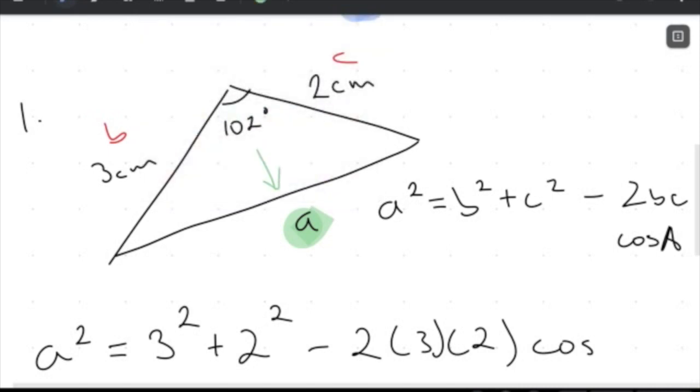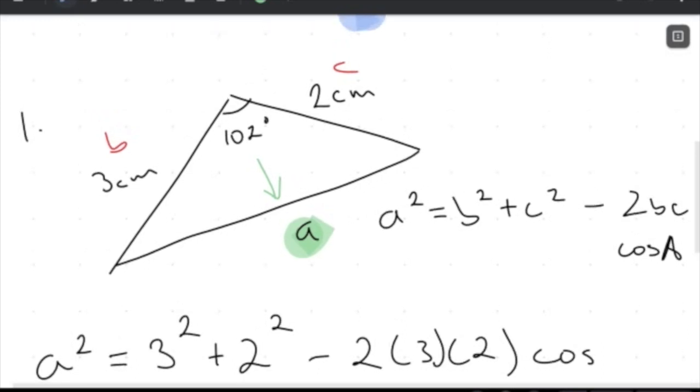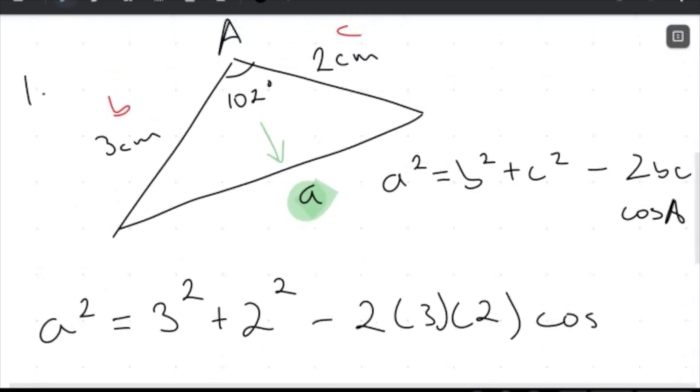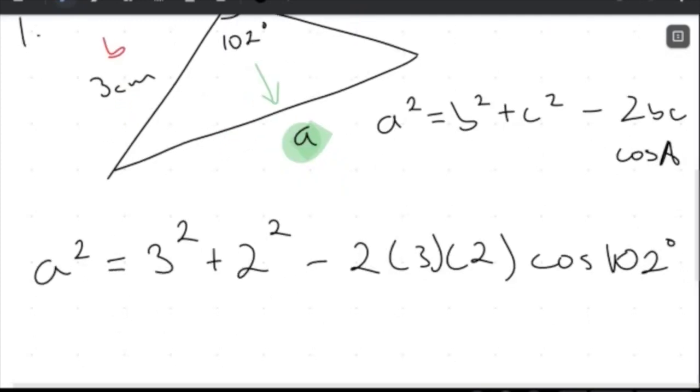So my angle of 102 degrees, this is my angle A here, for example. We call it angle capital A just to show that it's the angle opposing my unknown side. So instead of A here, I'm going to put 102 degrees, the angle opposite my unknown side of a.